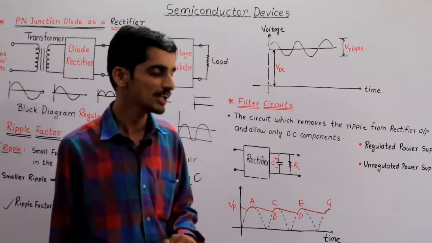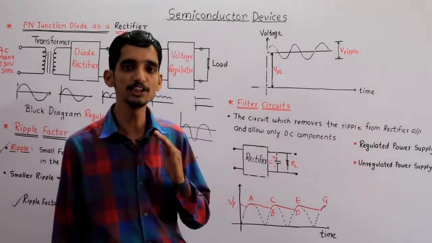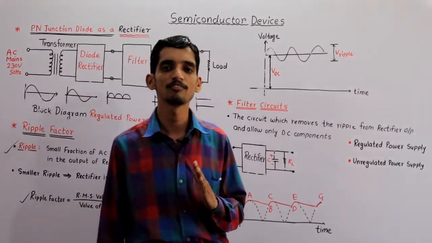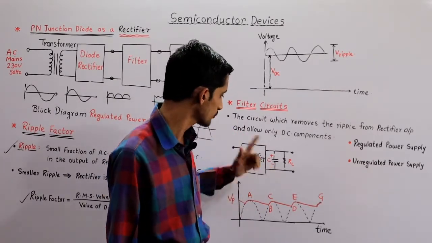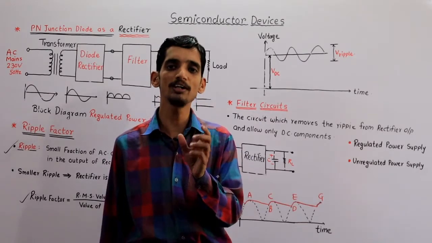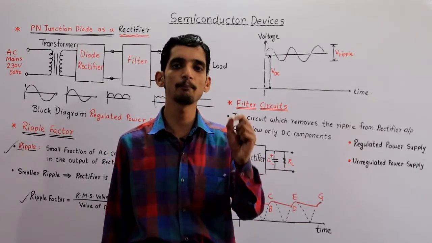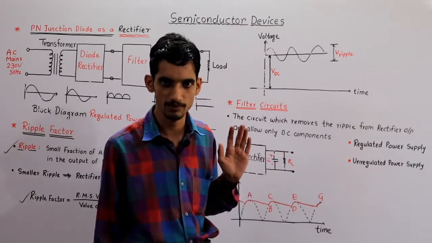So we can use this capacitor filter. In this way, a capacitor can be utilized for the removal of ripple. The basic important point is that the filter is used to remove the ripple content in the output of the rectifier with the help of a capacitor.